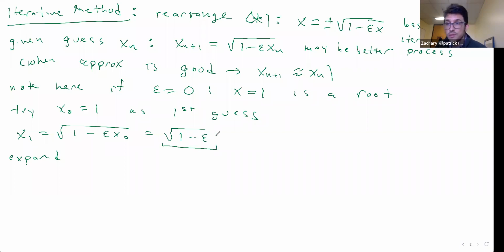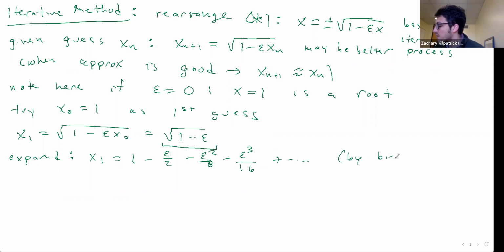So we should be able to do some Taylor series approximation and then get some refined version of x1, okay? So if I go ahead and expand, x1 is equal to 1 minus epsilon over 2 minus epsilon squared over 8 minus epsilon cubed over 16, okay?